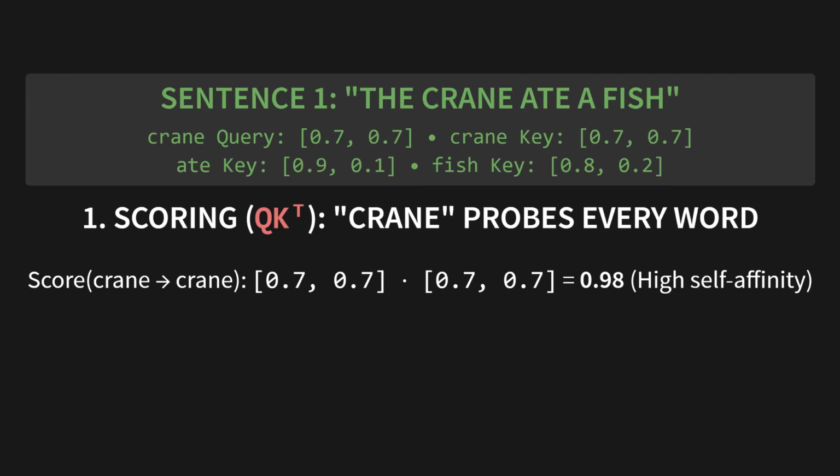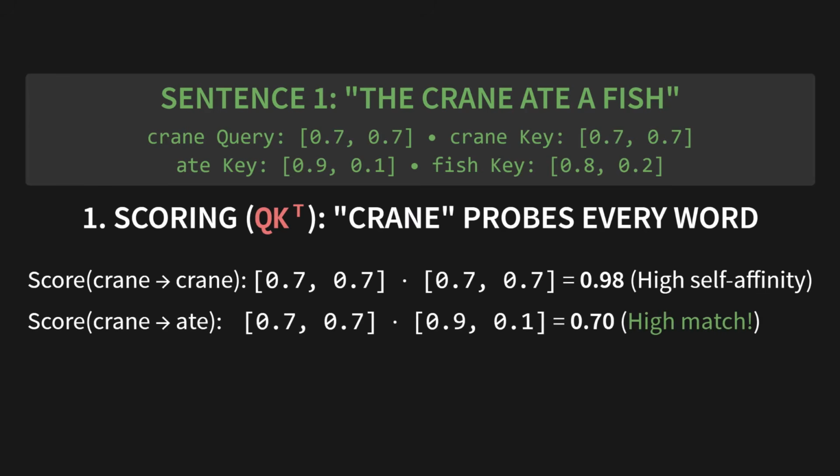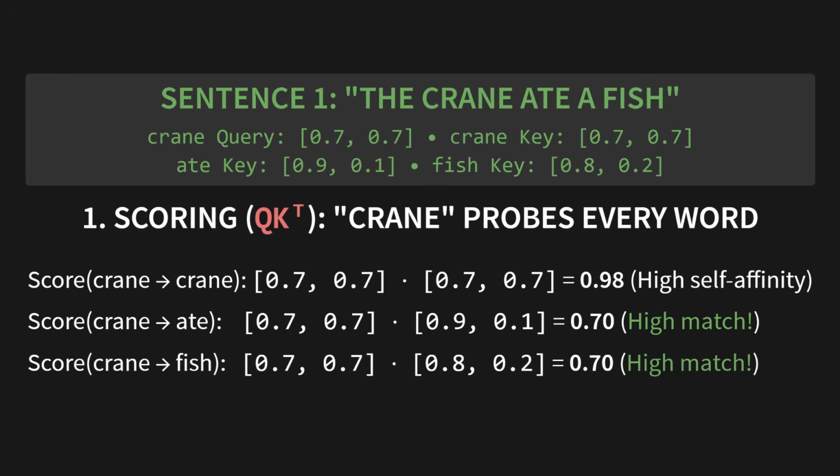That's a high self-affinity. Now the score for crane looking at ate is 0.7, 0.7, dotted with 0.9, 0.1. That equals 0.70, a high match. And crane looking at fish, it's 0.7, 0.7, dotted with 0.8, 0.2, which also equals 0.70, another high match.